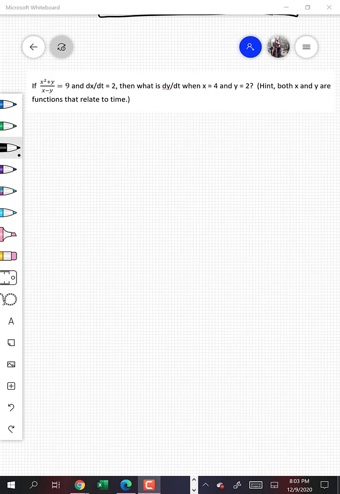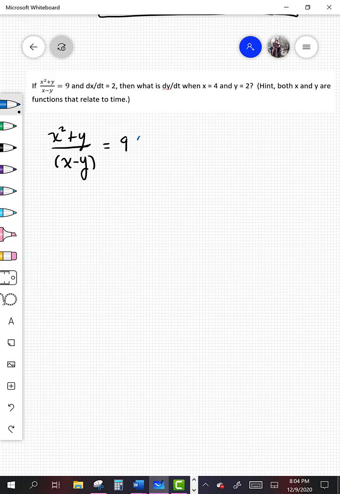So we need to use implicit differentiation here. I noticed that if I left the equation how it was, I would have to use the quotient rule on the left-hand side. Instead, we could multiply both sides by the denominator, x minus y, to clear the fraction.